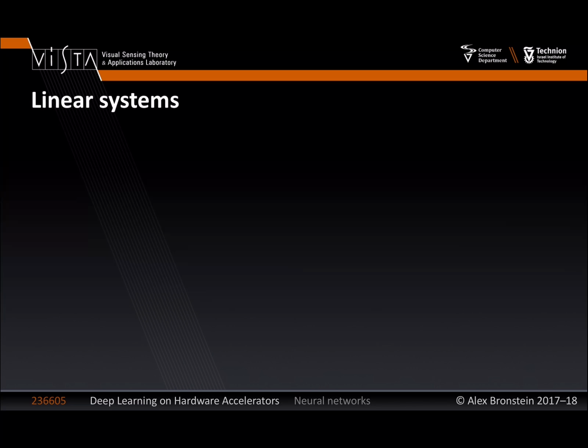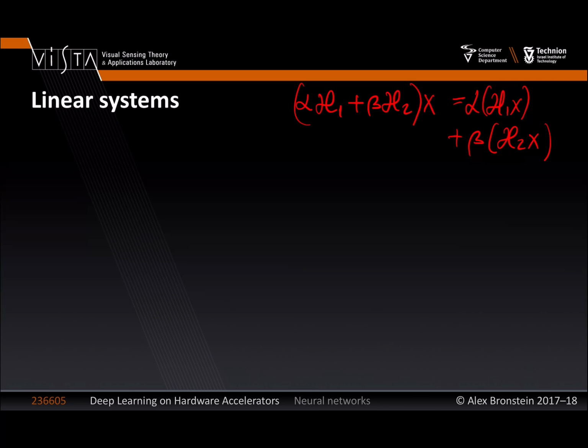That I can write alpha times H1 plus beta times H2 acting on a signal x as alpha times H1 acting on x plus beta times H2 acting on the same x, right? This is what linearity means.